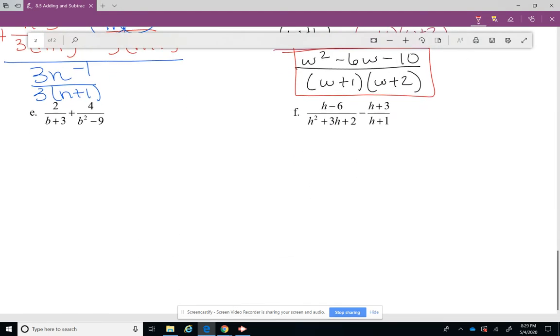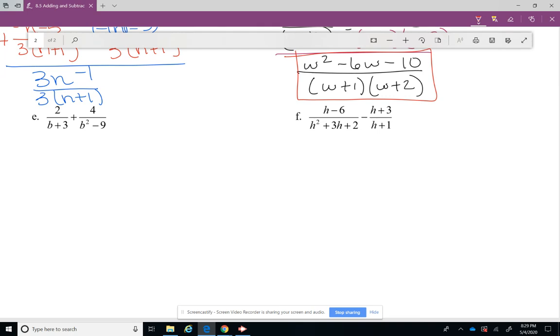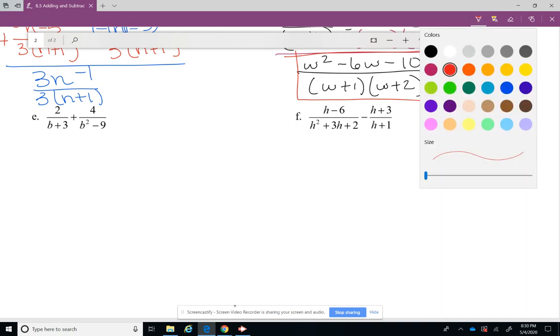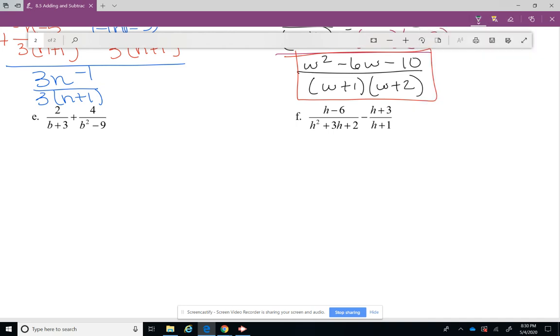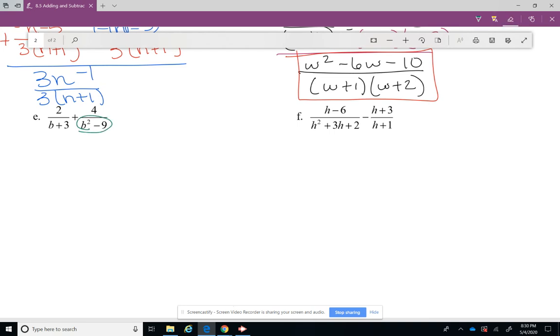All right, 2 more, and this is going to be the last of your new material before you go into whatever next year's class is, or before you graduate for my seniors. All right, let's go ahead and go to E. I'm going to take this b squared minus 9, and we're going to go ahead and factor it, because that's going to be b plus 3 and b minus 3.